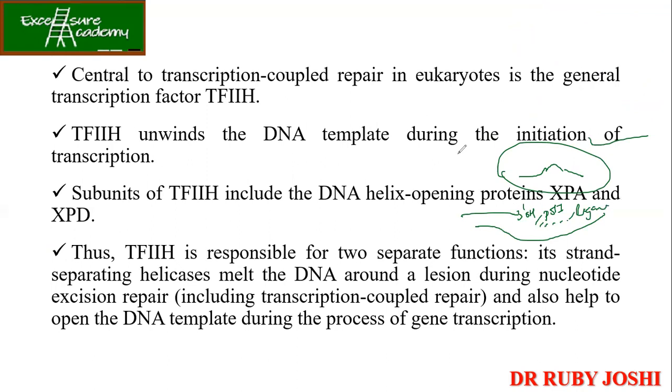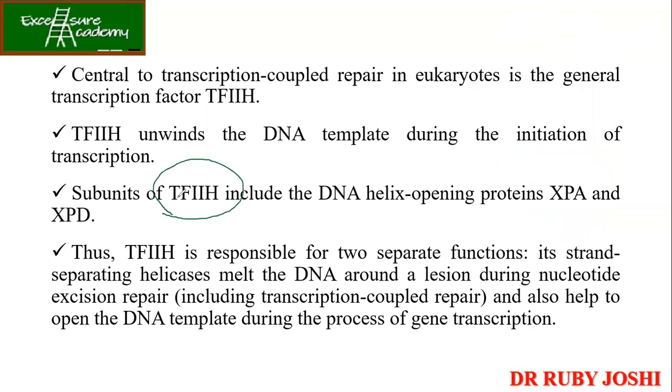Okay. So in case of eukaryotes, apart from XPA, C, D, B, we have TF2H also. That is transcription factor 2H. Okay? You will have to remember this additional one. So it has two functions. One is around the lesion. It is helping in separating the DNA around the lesion during NER.